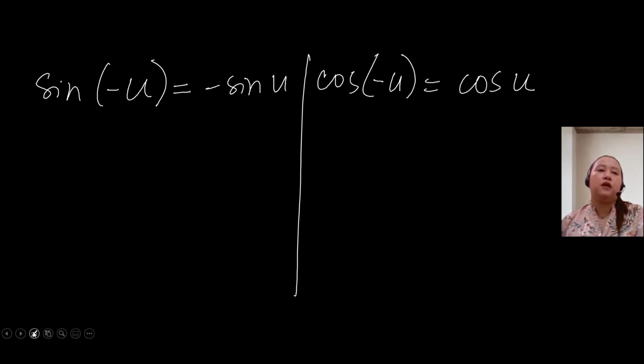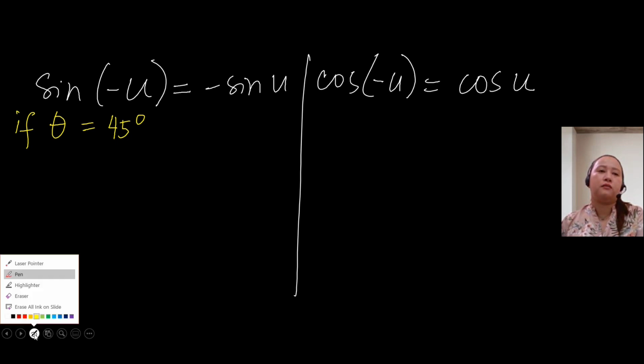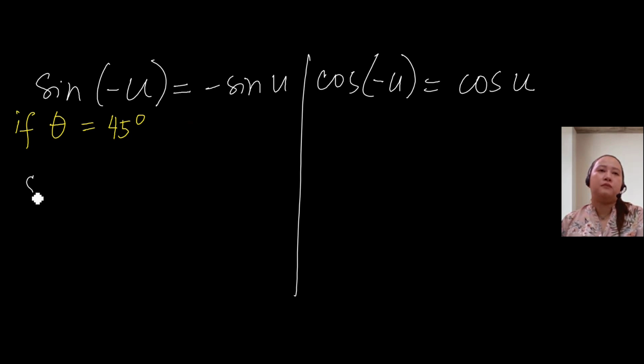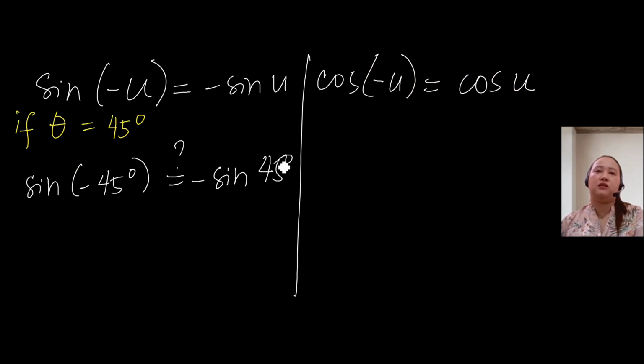So for example, if theta equals, say, 45 degrees, for sine, we have sine of negative 45 degrees. Do you think this is equal to negative of sine 45 degrees?